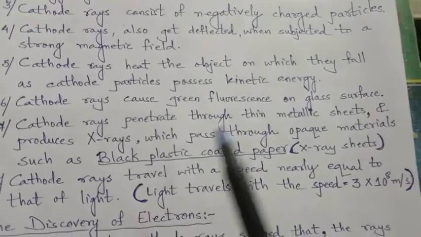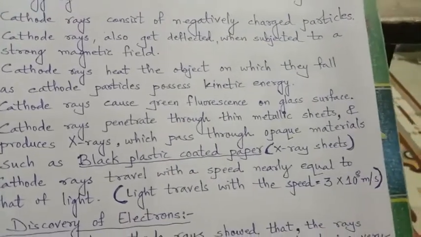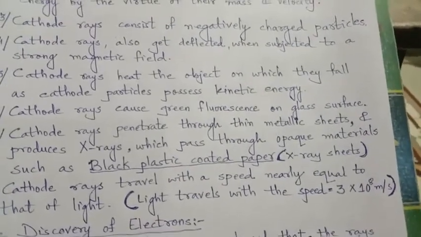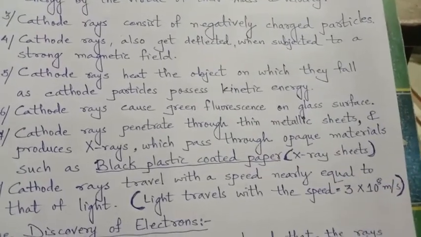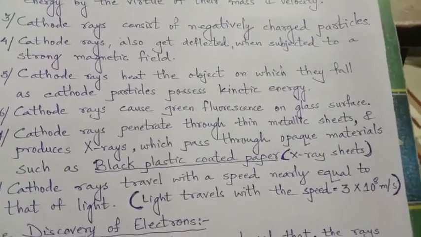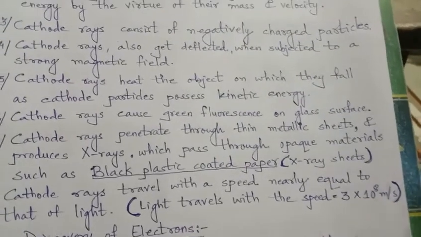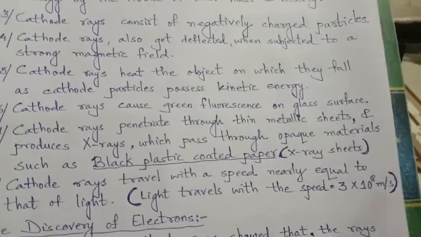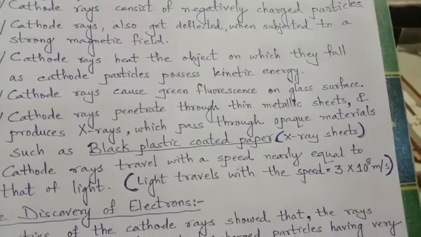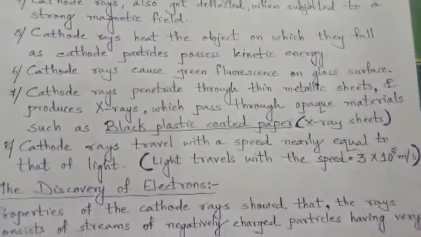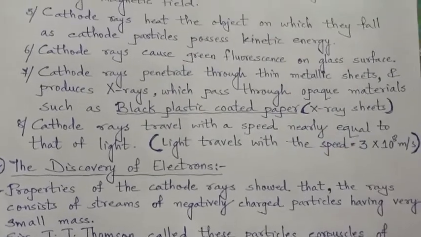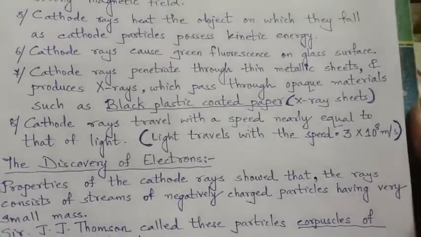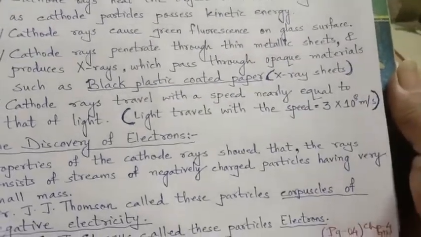If we say 8 zeros, that means ones, tens, 100, 1000, 10,000, lakh, 10 lakh, and crore. 1 crore times 3 is 3 crore. 3 crore meters per second is the speed of light, and very close to it is that of cathode rays. So, with the help of cathode rays, the discovery of the electron was now possible.